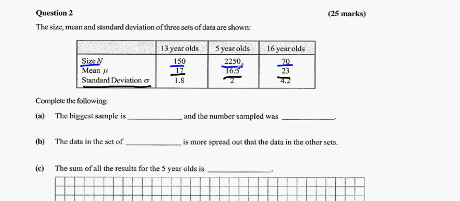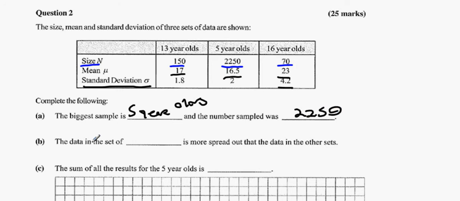The 5-year-olds were also quite competitive, but the 16-year-olds had the biggest standard deviation, which means that these results were the most spread out, and also it was the least competitive. Okay, so the biggest sample is the 5-year-olds, and the number of samples was 2,250.